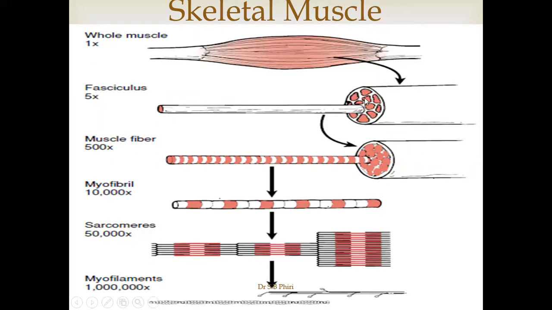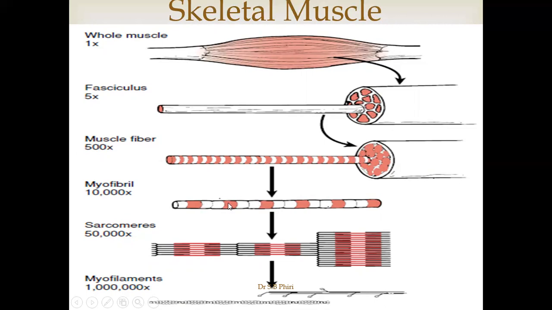Those fascicles are composed of muscle fibers. You can see inside the fasciculus, it's composed of different muscle fibers. These are individual muscle cells. A group of individual muscle cells will form a fasciculus. The muscle fibers are composed of myofibrils.